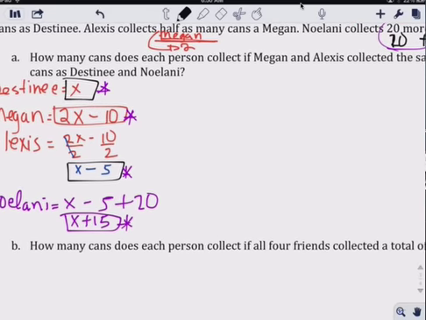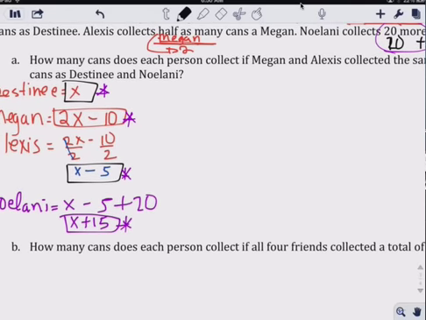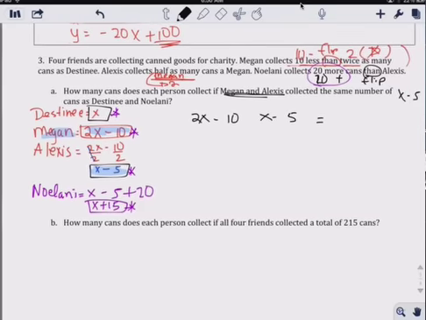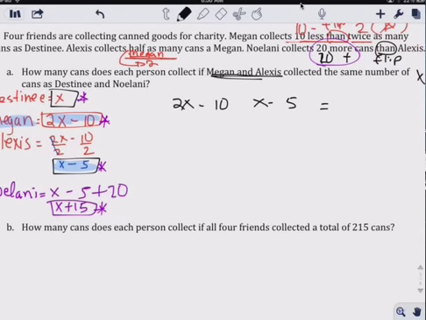Okay. How many cans does each person collect if Megan and Alexis collect the same? Okay, Megan and Alexis collect the same, so they're going to be equal. Megan is 2x minus 10, and Alexis is x minus 5. It's going to be the same as the other two, Destiny and Nolani. Destiny is x, Nolani is x plus 15.